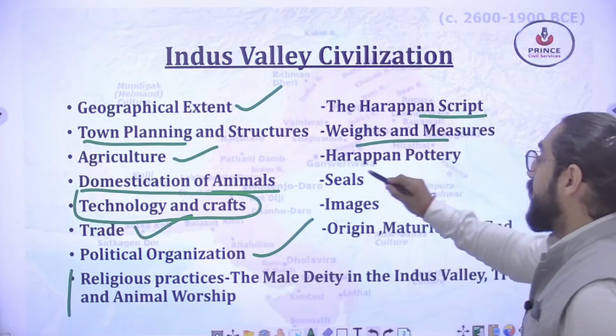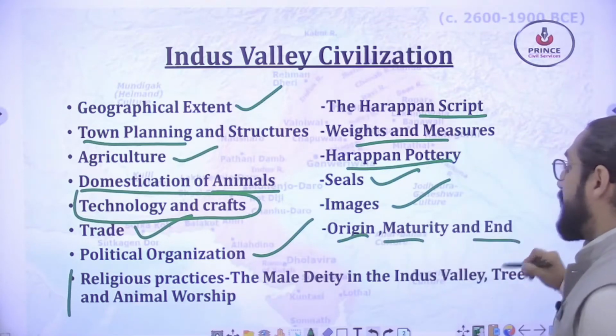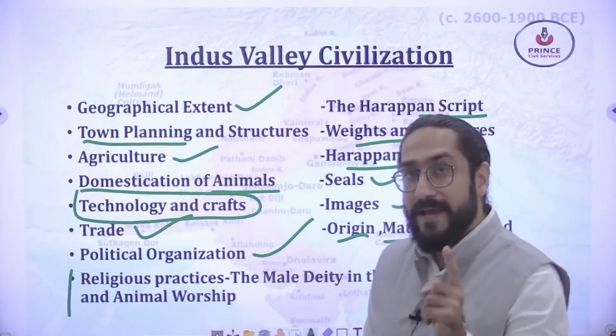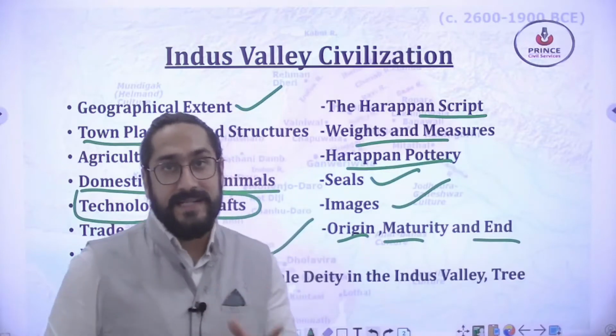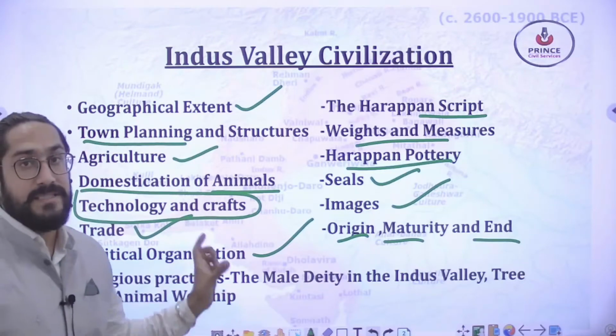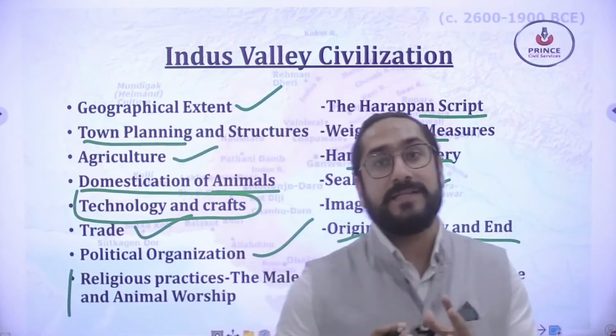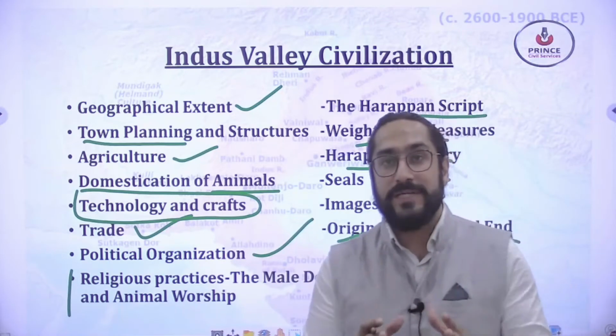Weights and measures, Harappan pottery, seals, images, origin, maturity and end. If you complete these subtopics while reading this chapter, there is a high probability that you will not miss any question.